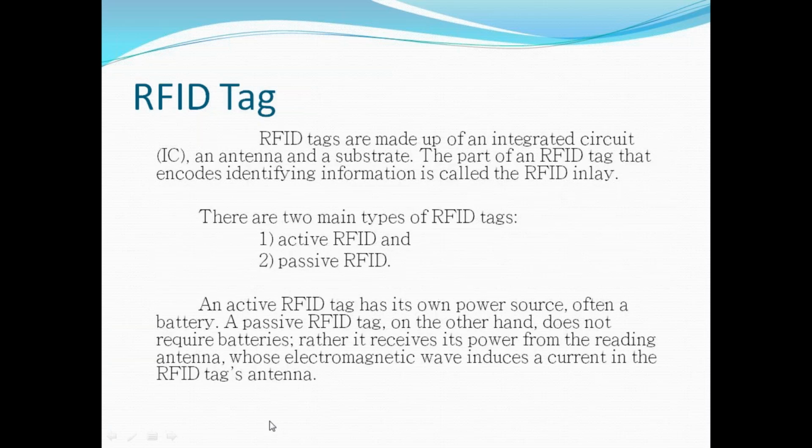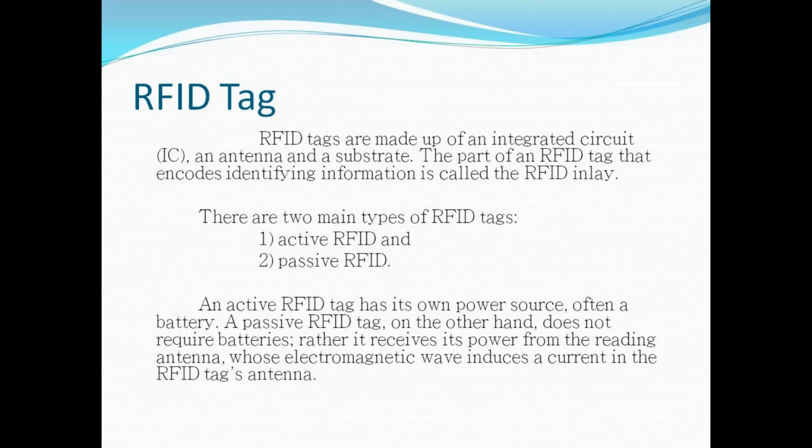Now, as I already specified, there are two types of RFID tag. One is the active tag, one is the passive tag. Definitely, we have a third type of tag, which is called the semi-active or semi-passive tag. In an active tag, we have a power supply. In a passive tag, we do not have any power supply.